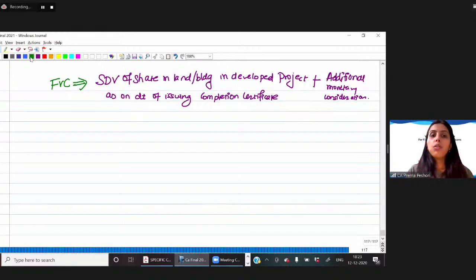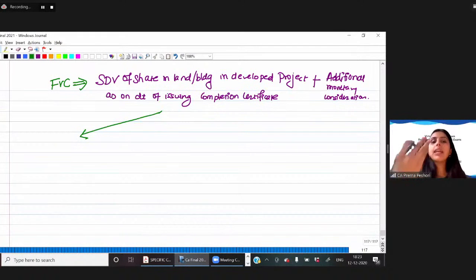Now, what if this particular share in the building is transferred before the issue of completion certificate? Now, quite possible, I have entered into the agreement with the real estate developer. I am the owner of land.